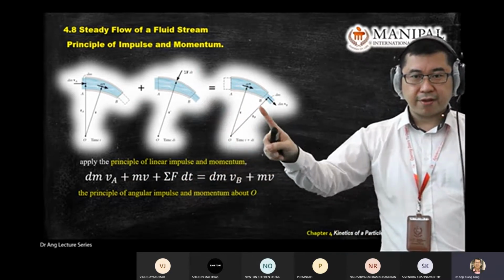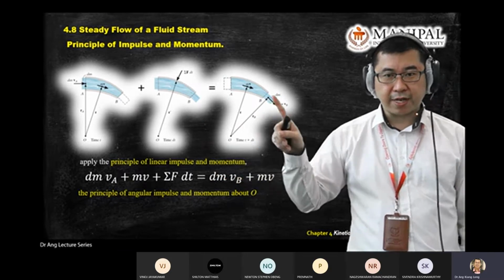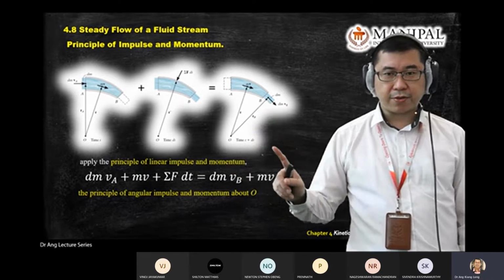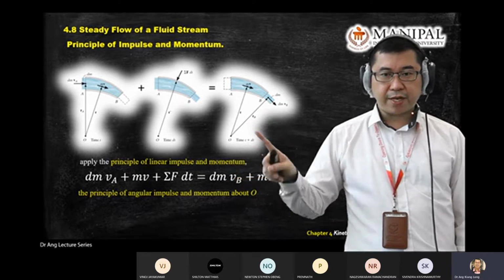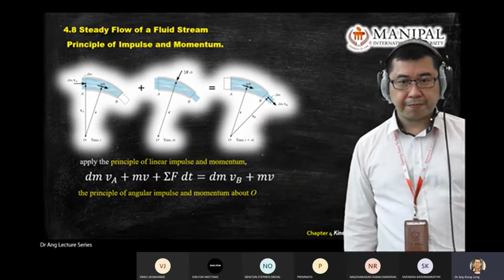After, you have flowing out, you have momentum because of the change of the size of the outlet, the velocity is different, the change of mass is also different. So you have mv at this point plus the momentum at the center of the pipe.